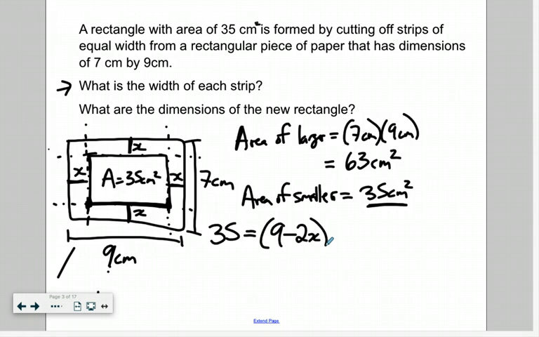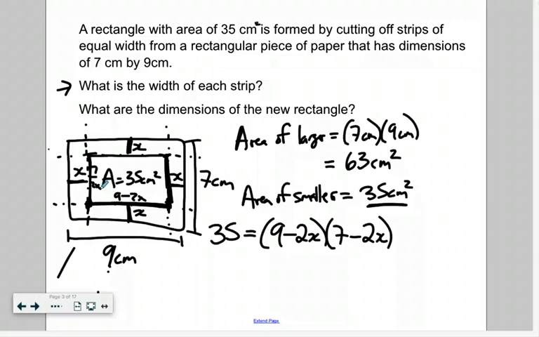Then the height here would have been found by taking the overall height of 7 and subtracting its two widths here and here, so 7 minus 2x. Those would be the dimensions of this smaller rectangle. This is 9 minus 2x here, and this is 7 minus 2x in here. And we know that when we calculate that area of length times width, we get an answer of 35.